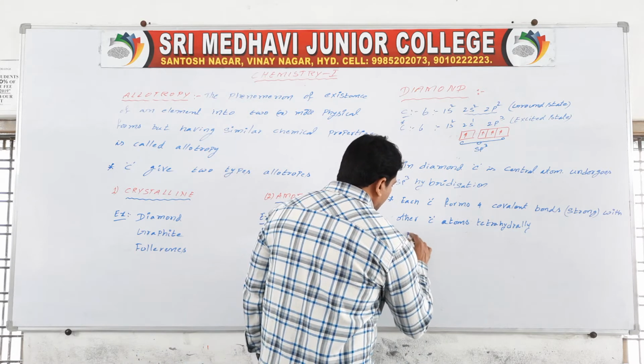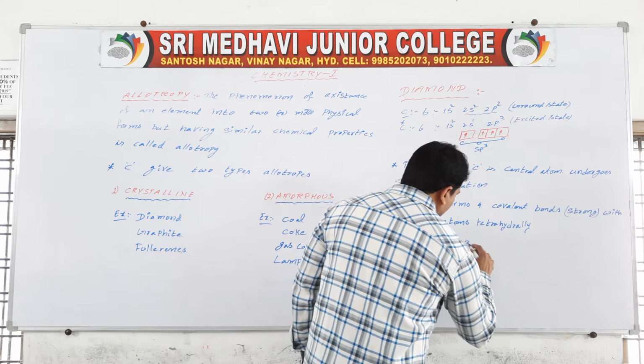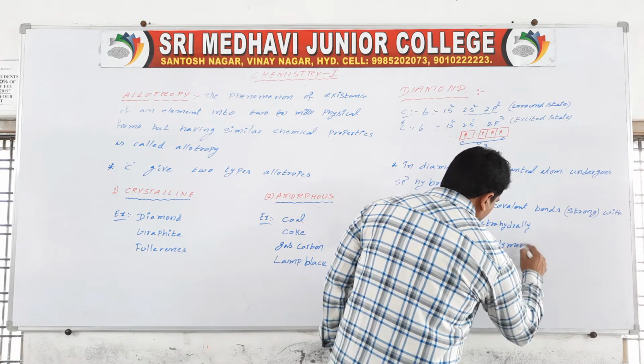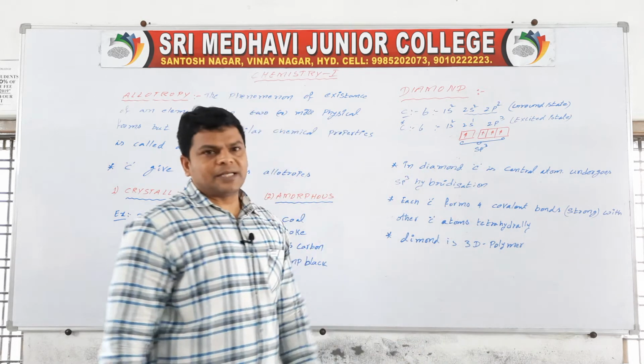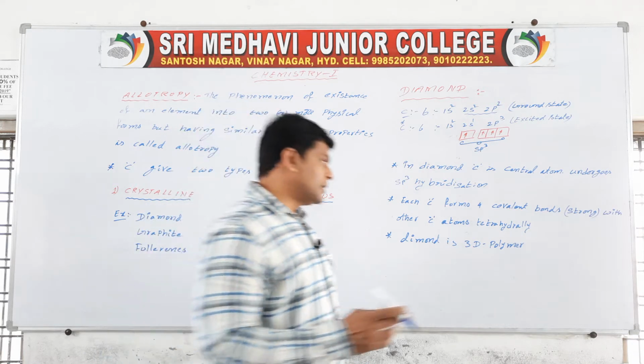So diamond is a 3D polymer, a 3-dimensional polymer having hexagonal rings.